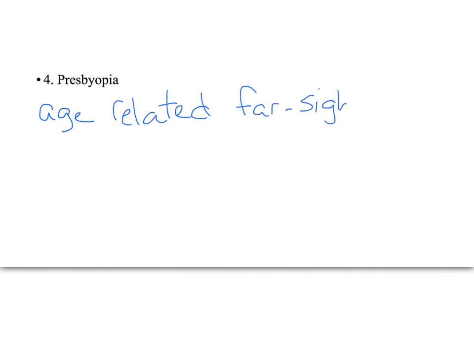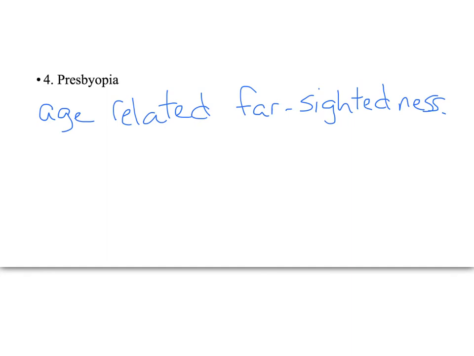Now the last one we're going to mention is presbyopia, and that is going to be age-related farsightedness. So if you're looking at your parents or your grandparents, you may have noticed that they keep having to hold the newspaper or whatever it is further and further away from them just to be able to read it.